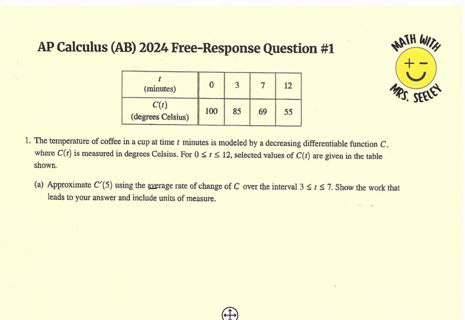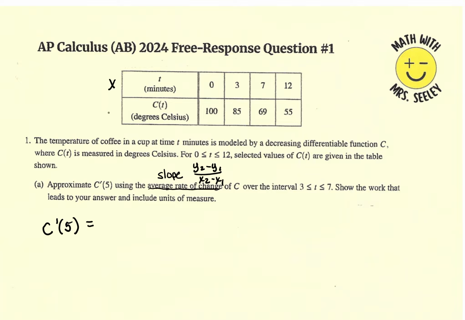If they're asking us to find the average rate of change, recall that that means the slope. So when we think about slope, think about your formula y2 minus y1 over x2 minus x1. They are asking us to find C prime of 5, or that rate of change at the 5-minute mark. So it would make sense that that falls between 3 and 7, which is why they told us to use the 3 and the 7.